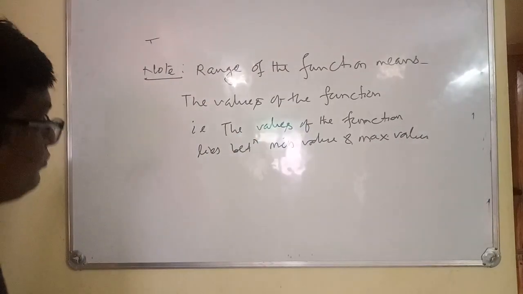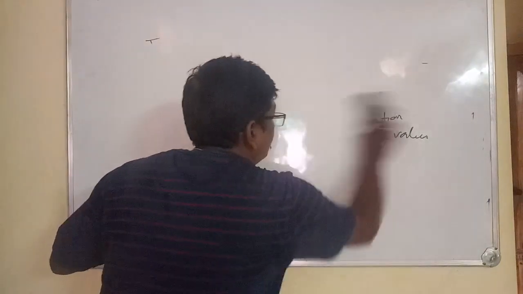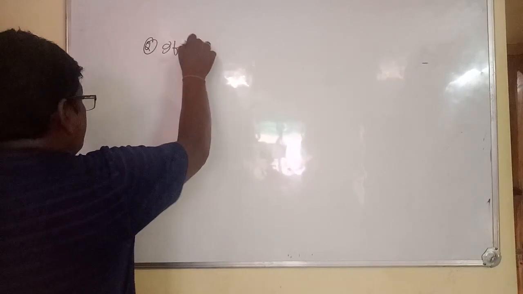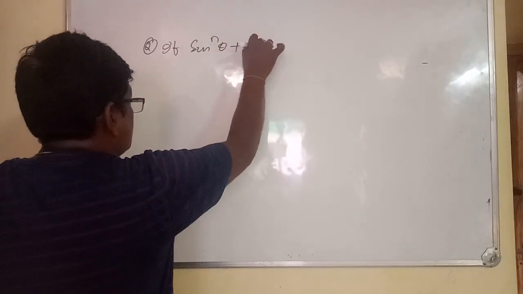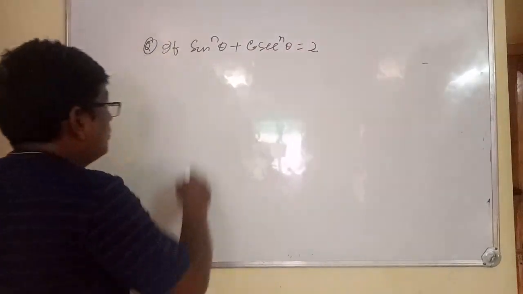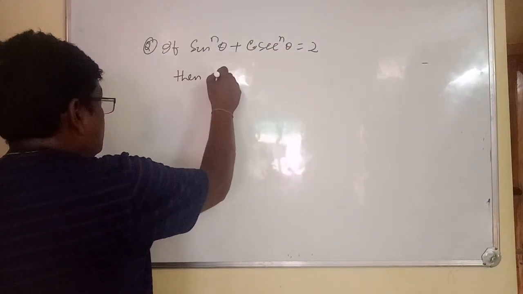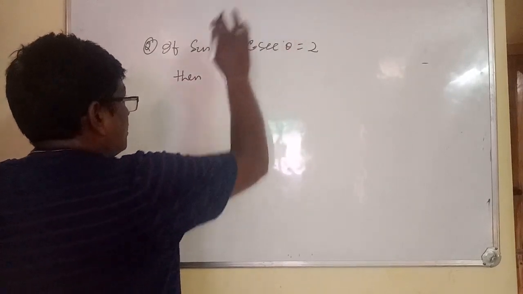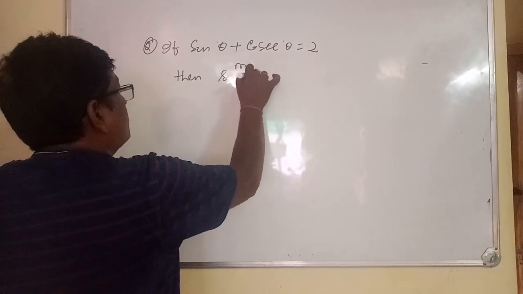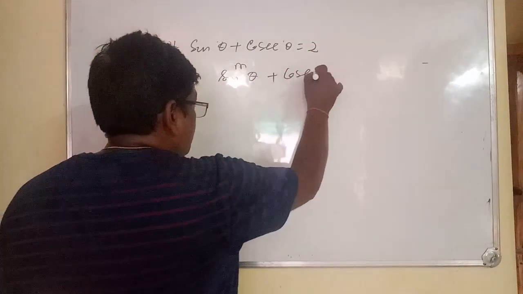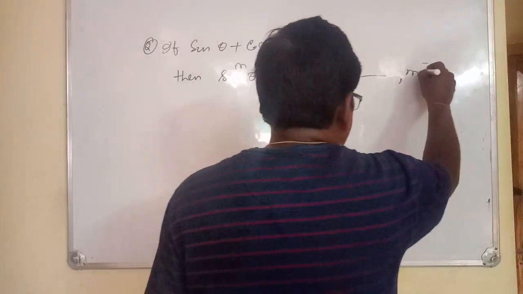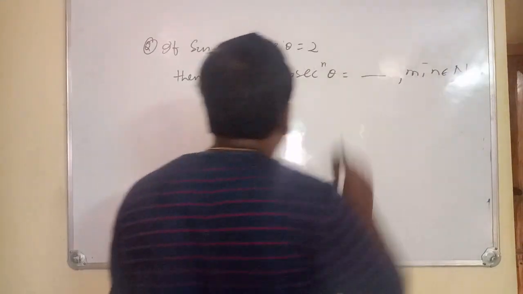One problem. If sin theta plus cosec theta is equal to 2, then sin m theta plus cosec n theta is equal to dash, where n belongs to natural numbers.